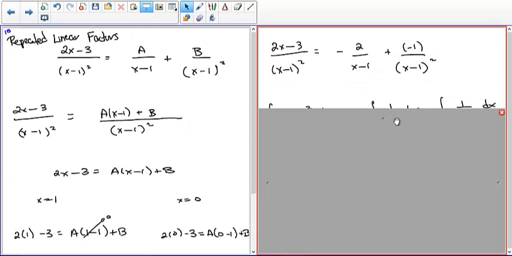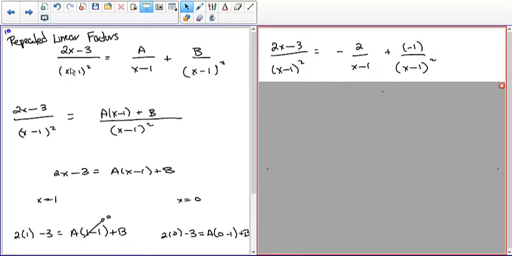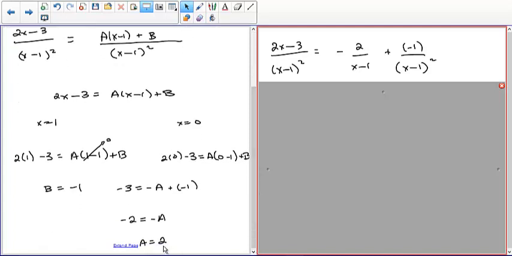And so our original fraction here becomes a, which is 2. Just noticed I did that wrong, I guess.